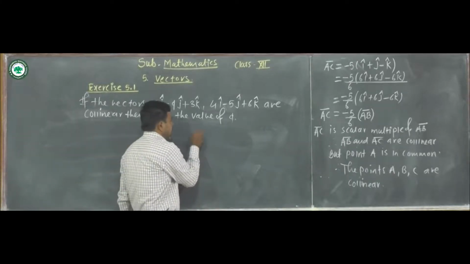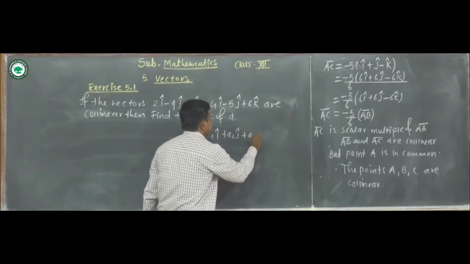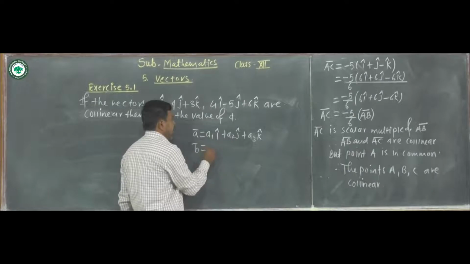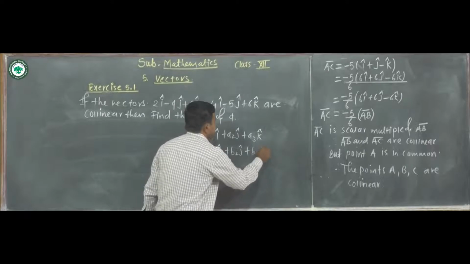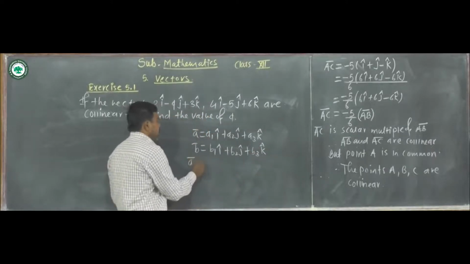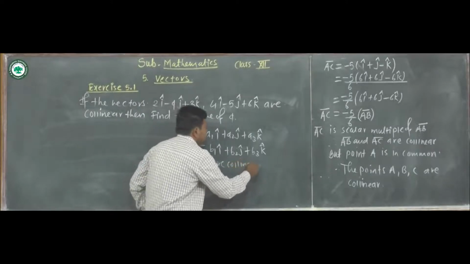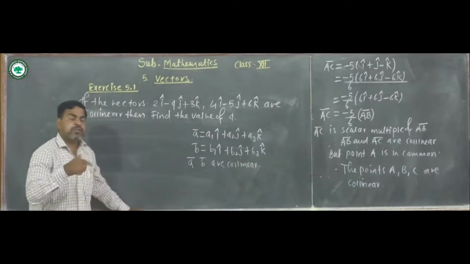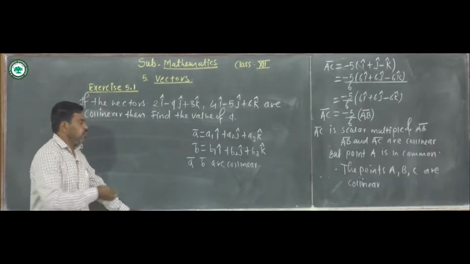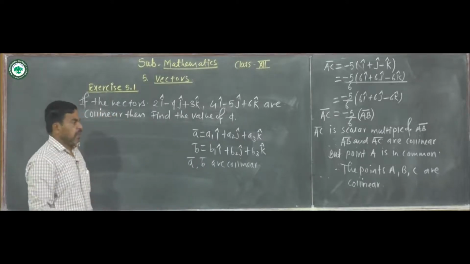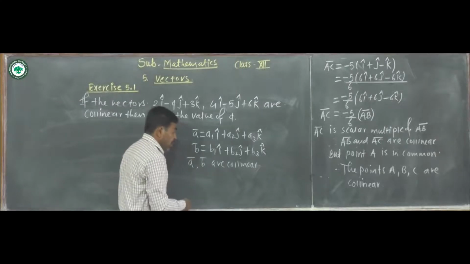Suppose we have two vectors, A bar equal to A1 i cap plus A2 j cap plus A3 k cap, and another vector B bar, which is B1 i cap plus B2 j cap plus B3 k cap. If these two vectors A bar and B bar are collinear, then the coefficients, meaning the components of i, j, k in A bar and B bar, are proportional.